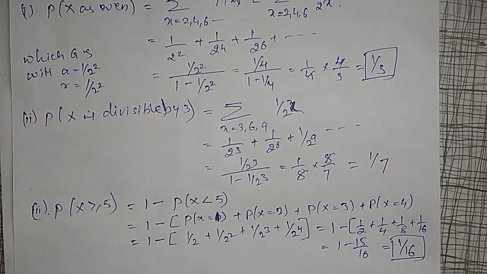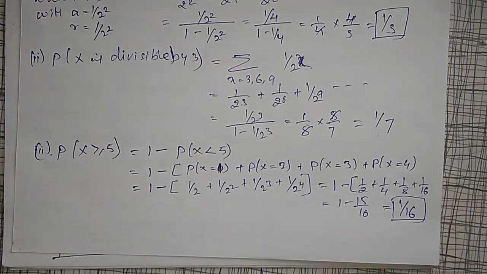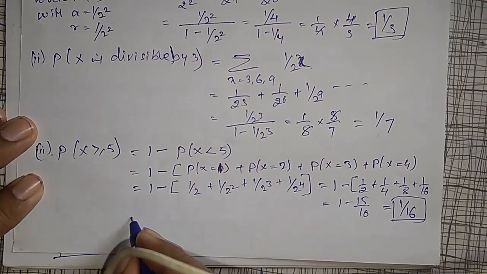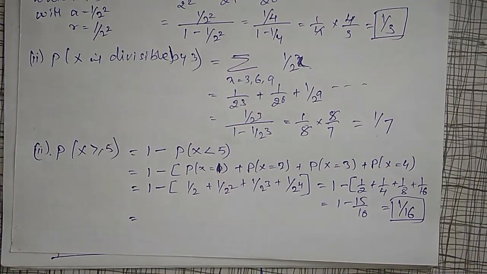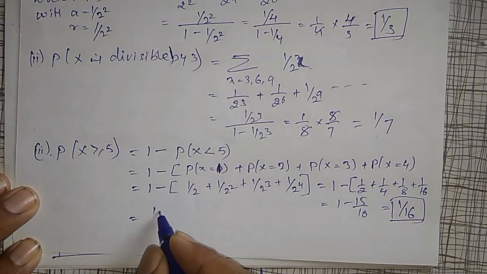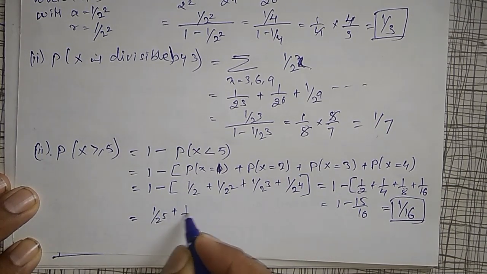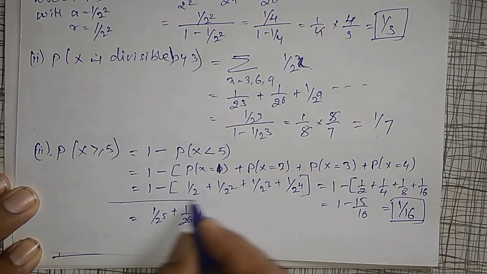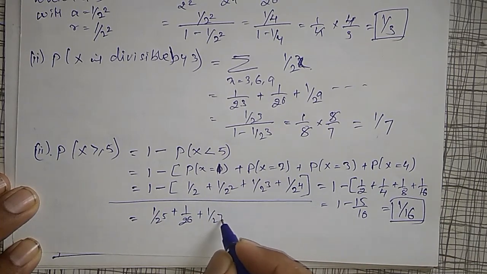Or I can do it as 1 by 2 raised to 5 plus 1 by 2 raised to 6 plus 1 by 2 raised to 7 plus, and so on.